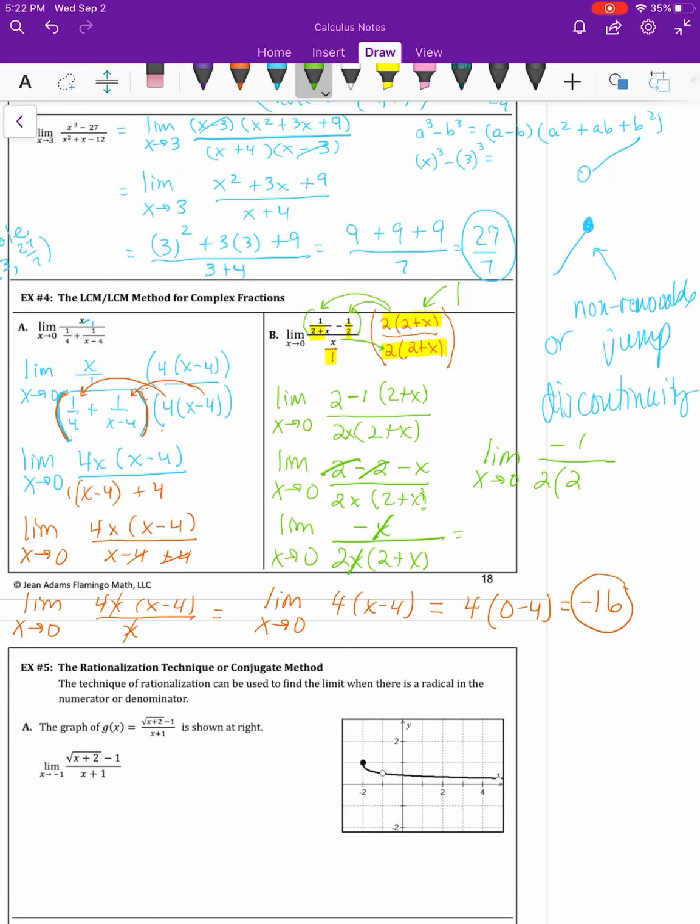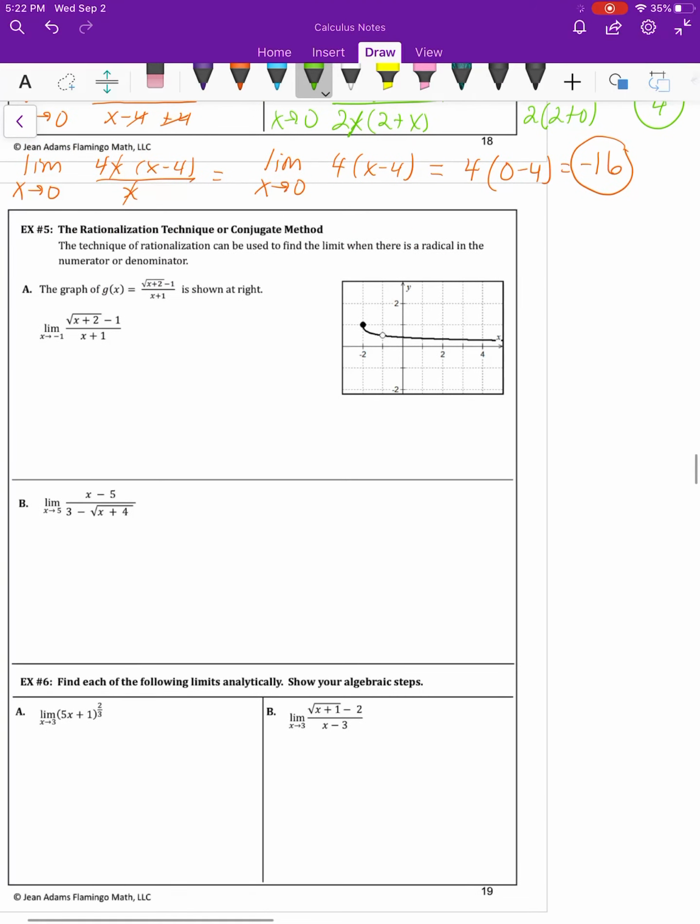So I've got negative 1 over 2 times 2 plus x. Now I can use substitution. Put that 0 in for x, I get negative 1 over 4. So that's your least common multiple method. You have to make sure you're multiplying by a fraction that equals 1. So that means the numerator and denominator need to be exactly the same.